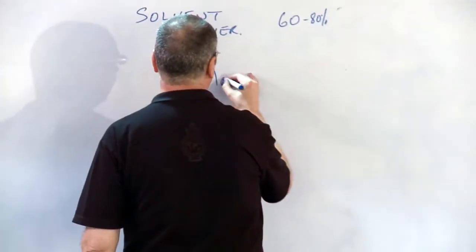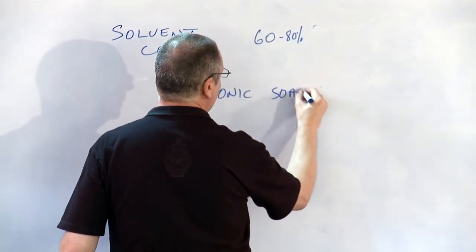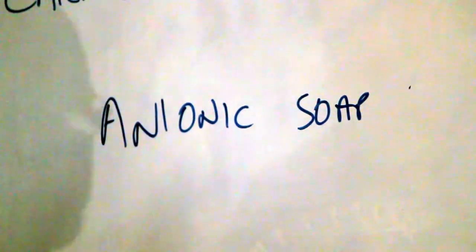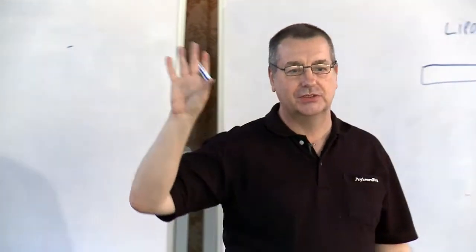So the next class: that's called an anionic surfactant, the soap, because it has a negative charge. It means it goes towards the anode, which is the positive electrode when we do electrolysis.